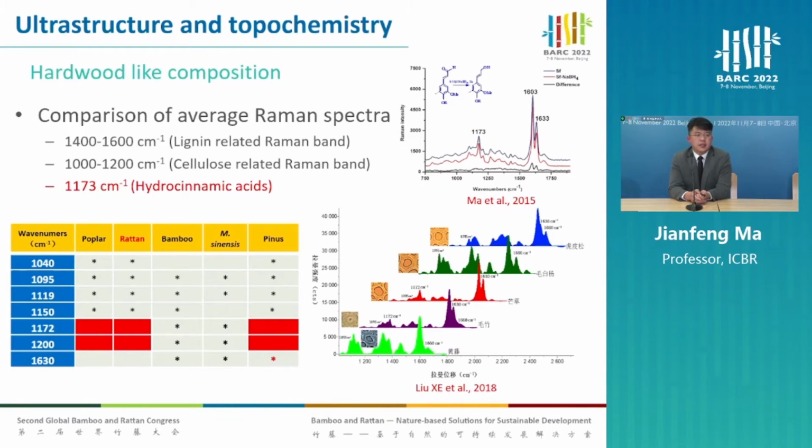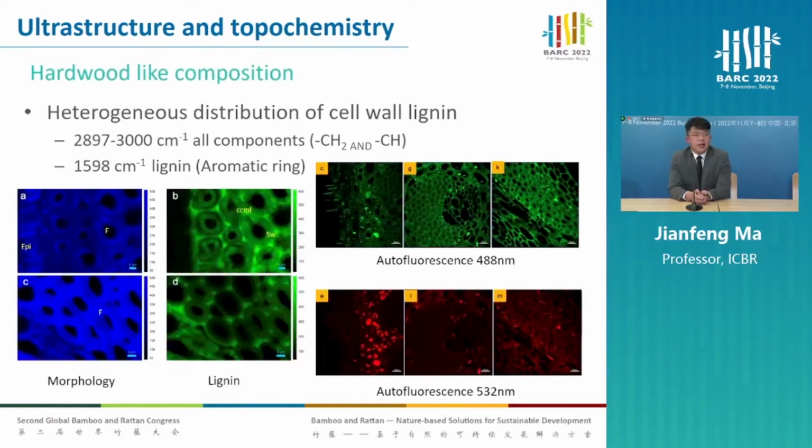Interestingly, we found that its Raman spectra look more like poplar and pinus, because the 1173 Raman signal is a typical grass Raman signal, while it's absent in rattan, poplar, and pinus.